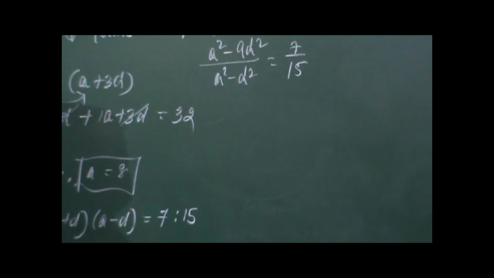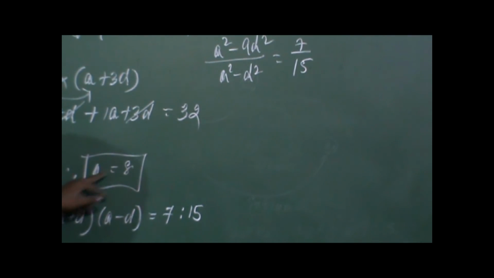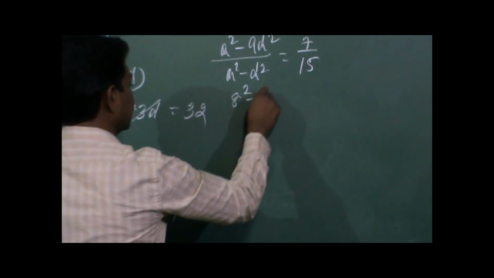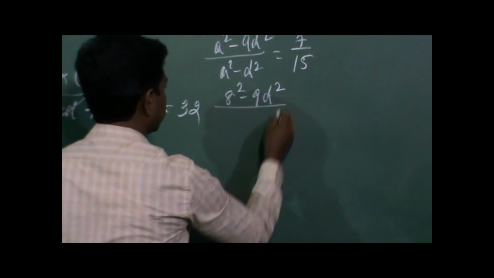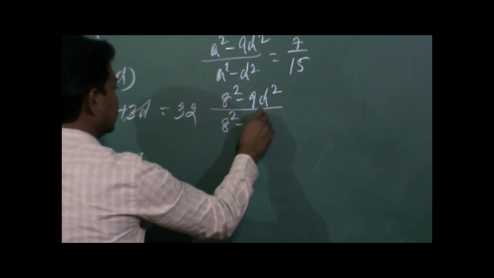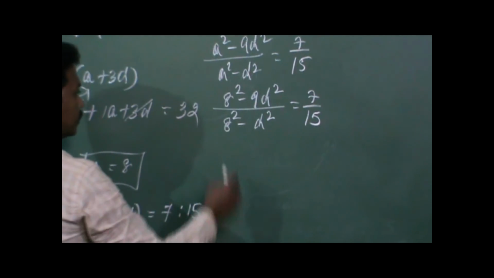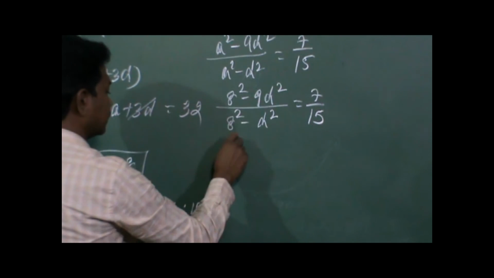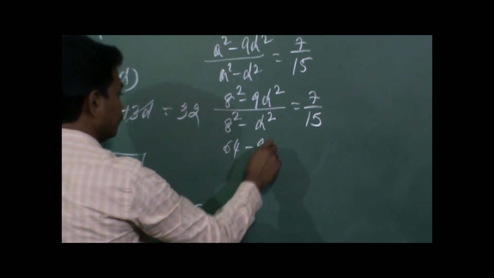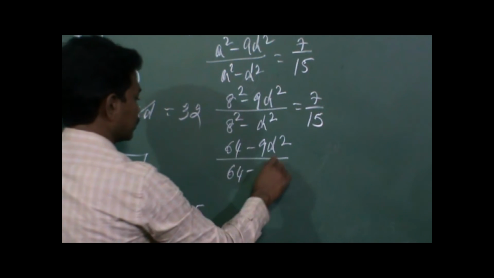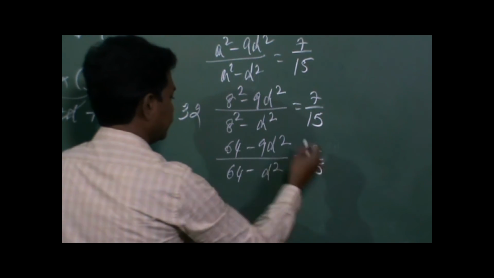At this moment you can substitute the value of a, which is ready here. So 8 square minus 9d square by 8 square minus d square is equal to 7 by 15. Nothing can be done here. 8 square is okay, we can go with this: 64 minus 9d square by 64 minus d square is equal to 7 by 15.